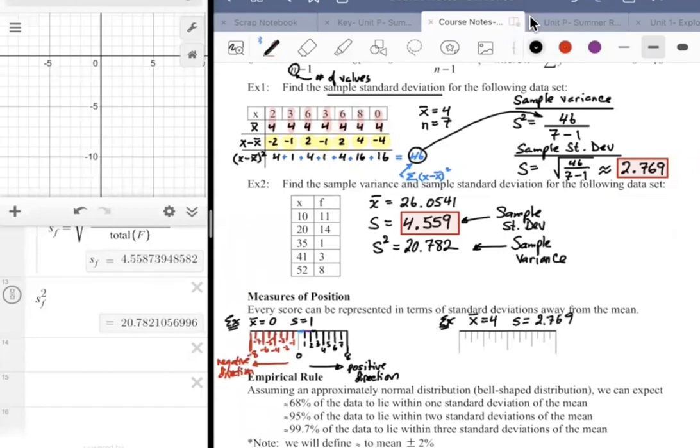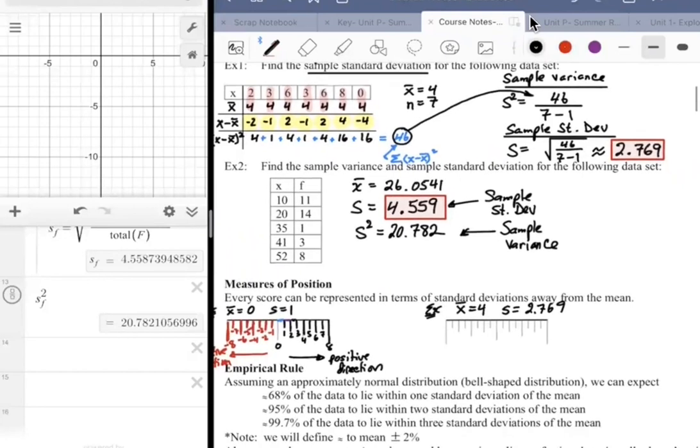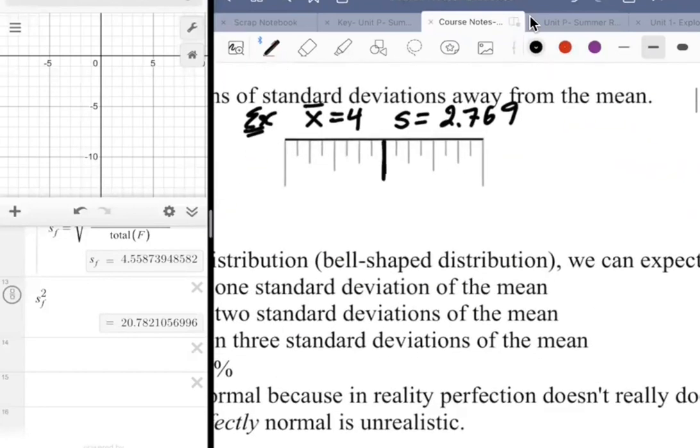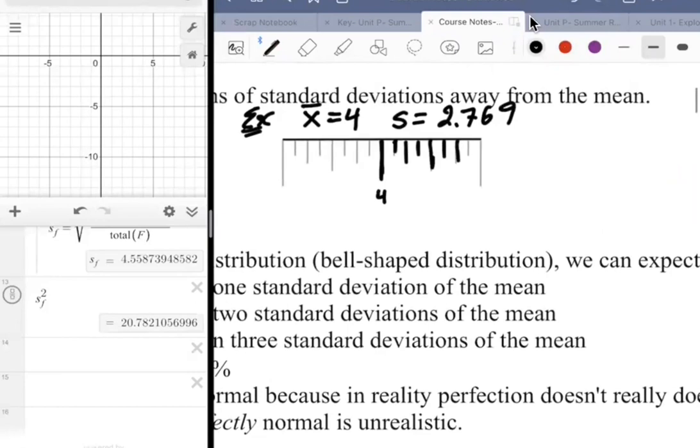So again, going back to example 1, instead of being centered around 0, I'm now centered around 4. And each one of these little tick marks here would be, instead of 1 unit to the right, it's going to be tough to write it in here, but I'll use a little arrow. This one here is going to be 4 plus 2.769, because I'm starting off with the mean and adding to it 1 standard deviation.